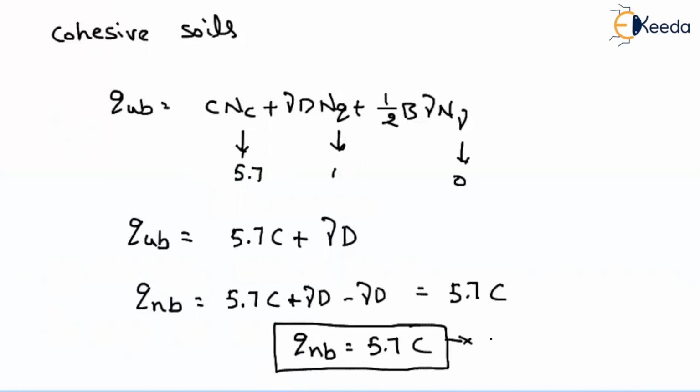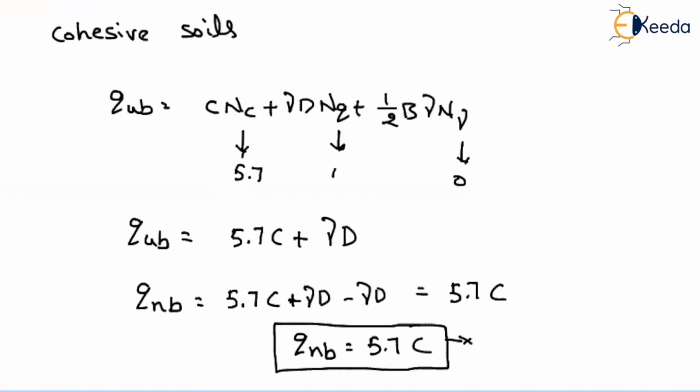As gamma is not there in this equation, the water table affects which one? The submerged unit weight. Wherever there is a water table, you have to take the submerged unit weight. But here, is there any term related to weight density? No. That means wherever your water table is, the net ultimate bearing capacity in cohesive soils will not change.